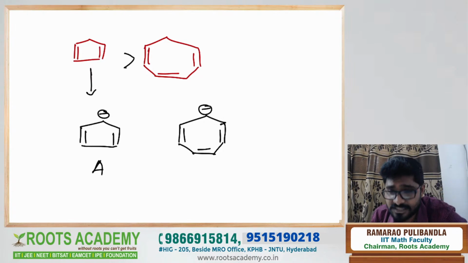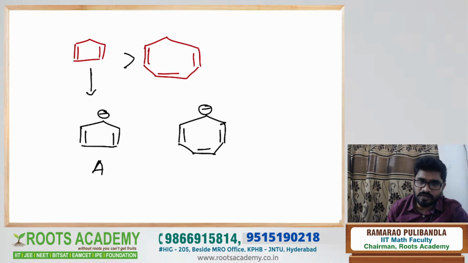Try to get the concept clearly, guys. After removal of the proton, it is becoming more stable by getting aromaticity, so that's why it is eager to lose the proton. This is about the aromaticity.